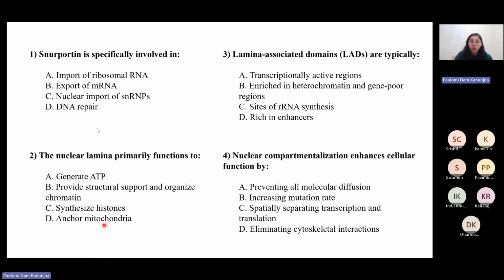Why is the compartmentalization at all required? So you have SNR proteins, what would they do?